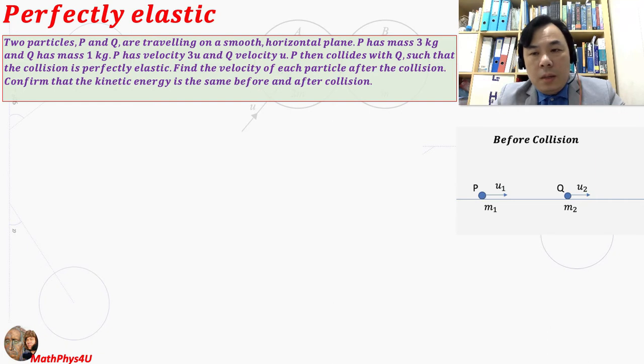P is moving at a velocity of 3u, and Q is moving at a velocity of u, which means P is moving faster than Q. So P is highly likely to collide with Q, such that the collision is perfectly elastic.